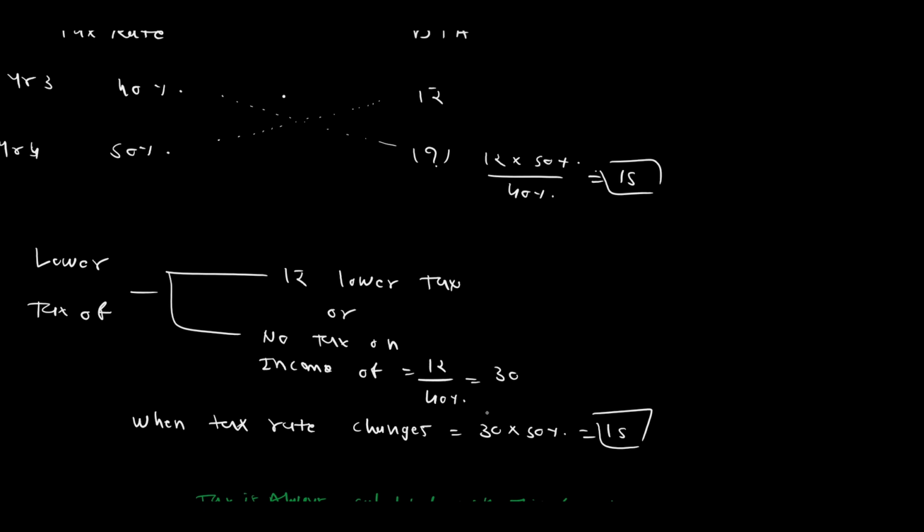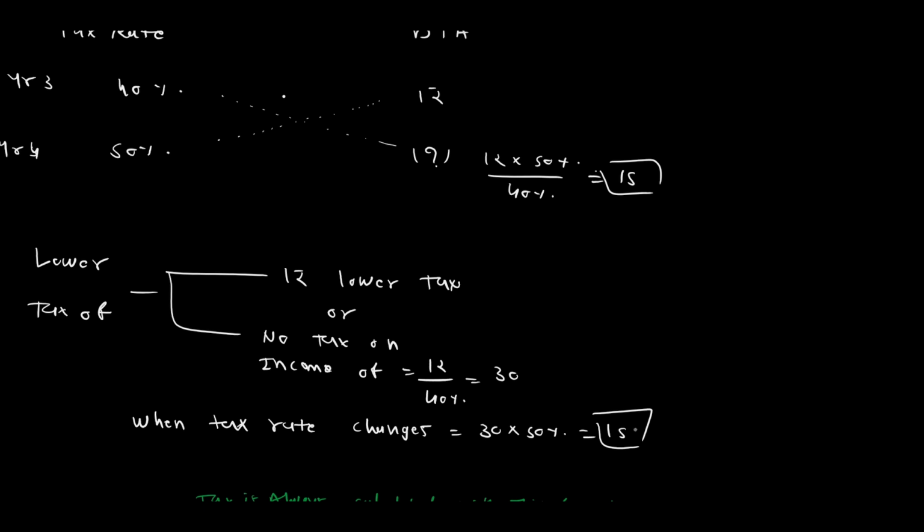If my tax rate is increased, 30 into 50%, I will have 15 as my new deferred tax asset, as my tax rate has increased.